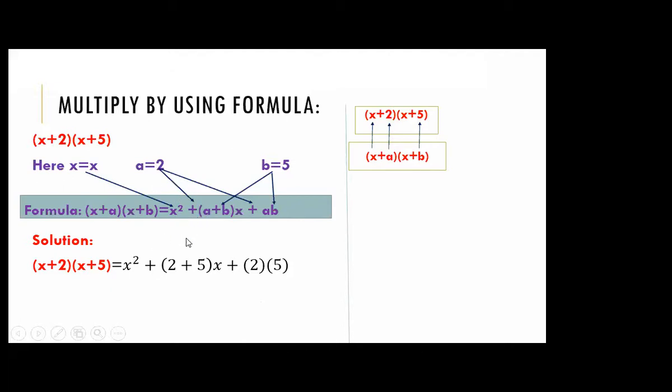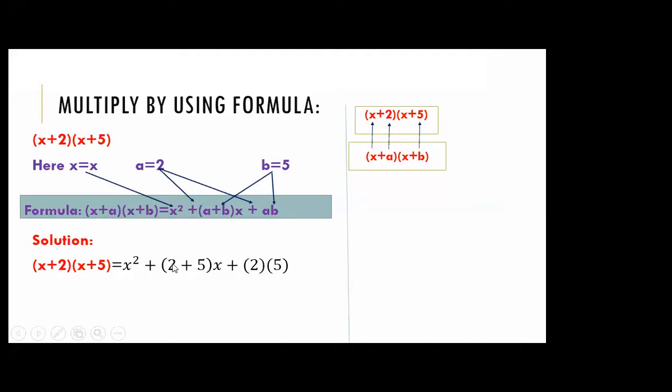Then the value of a is 2, so we write 2, plus b = 5, so we write 5 over here, and x = x, so we write x over here. Then the plus sign is copied from the formula, and the values of a and b are 2 and 5, so we put 2 and 5 within the bracket. Is it clear? We have just put the values of x, a, and b in the given formula.